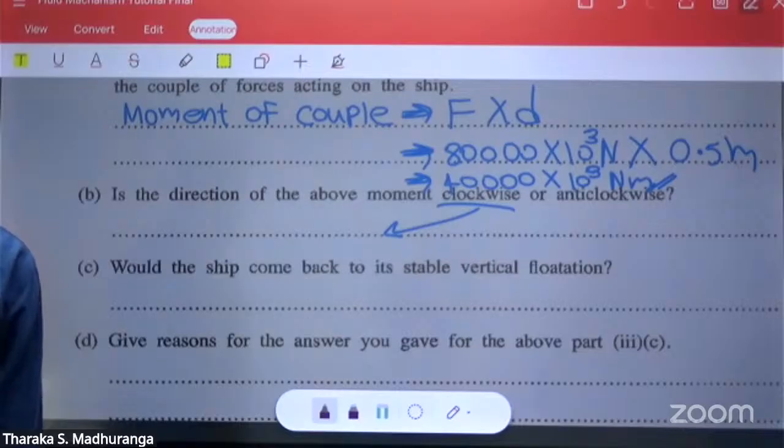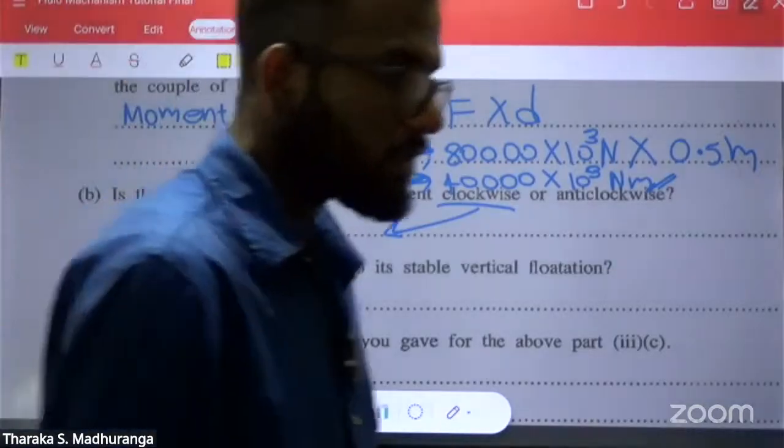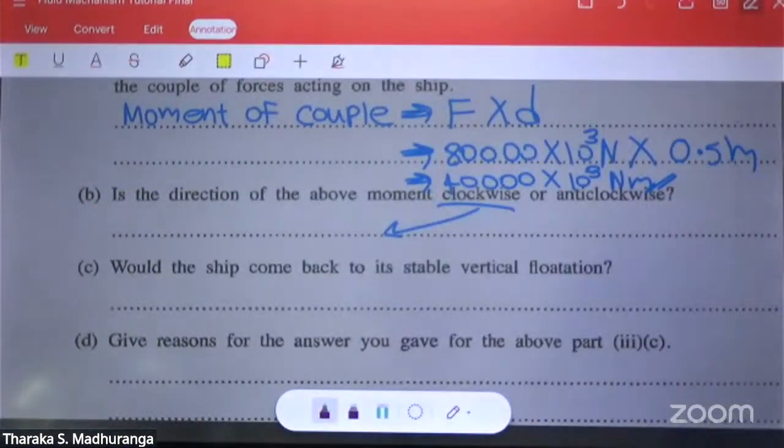Yes or no? Quickly, quickly. Now it is 10:30, we need to finish now. Is it again becoming stable or not?